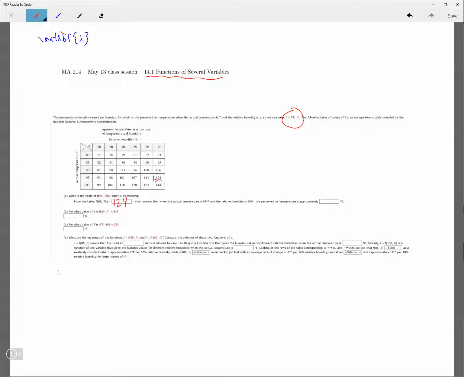It's this one here, because here's 95 and here's 70. So it's 124, which means that when the actual temperature is 95 degrees and the relative humidity is 70%, the perceived air temperature is approximately 124 degrees. So I believe that's the answer to part A.